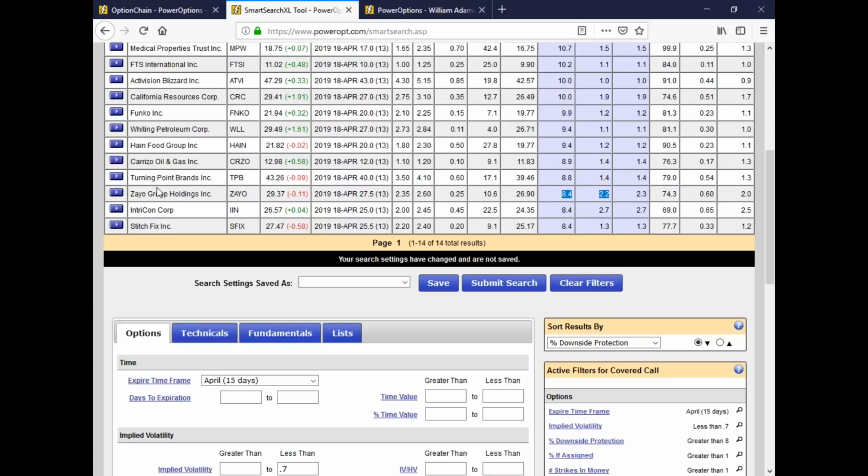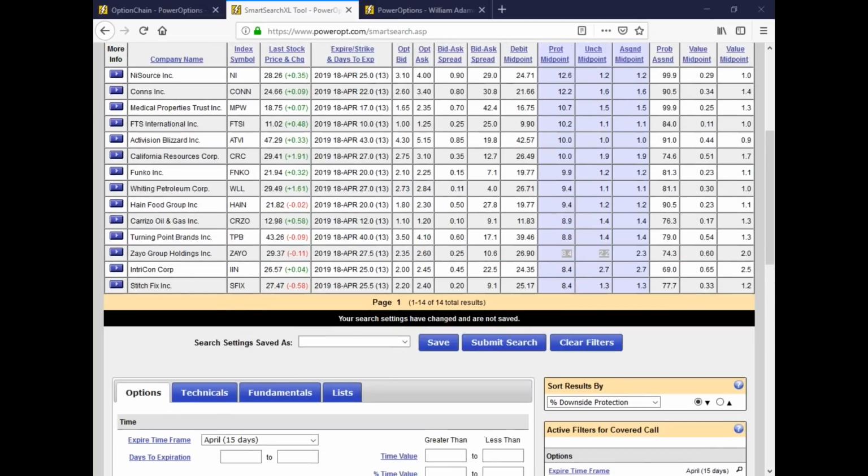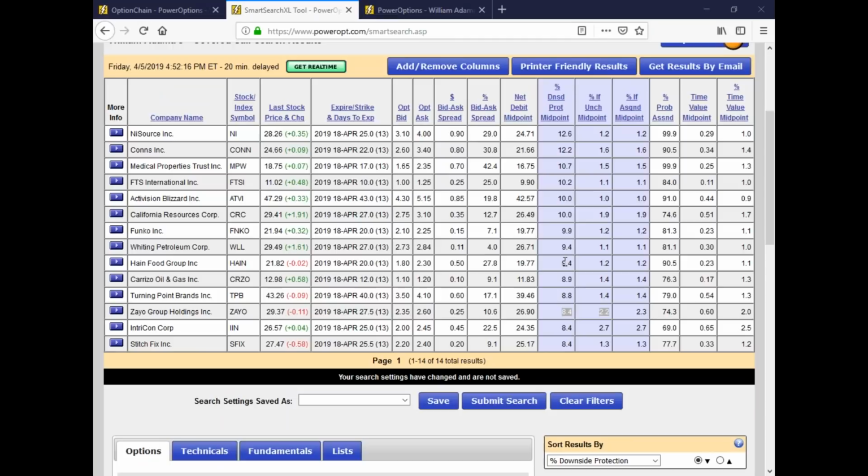But if the stock matches the trend that I want, if the covered call matches what I want for protection and for percent if assigned, for my trading plan, do I really care if the market considers it overvalued or undervalued? My honest answer is no. I do not care. If the stock is in my price range, has the return I want, protection I want, matches the fundamentals and technicals that have worked for my trading plan and match my trading plan, I'm not overly concerned if the market considers it overvalued or undervalued.